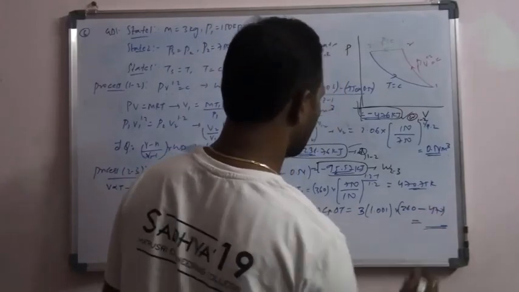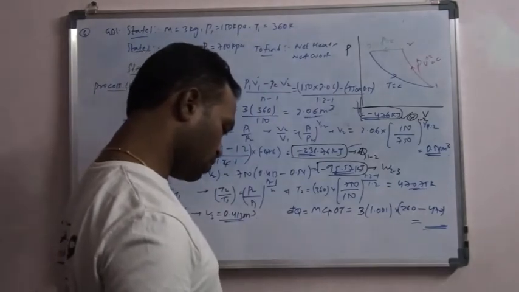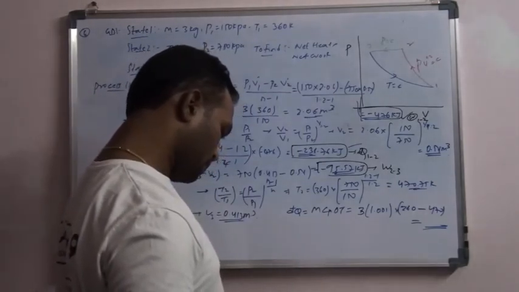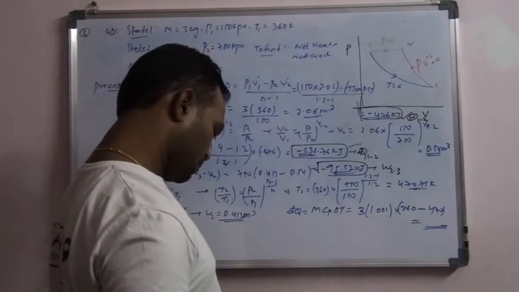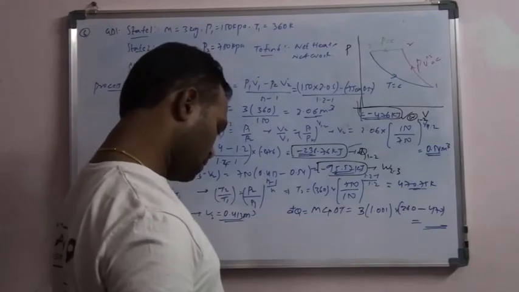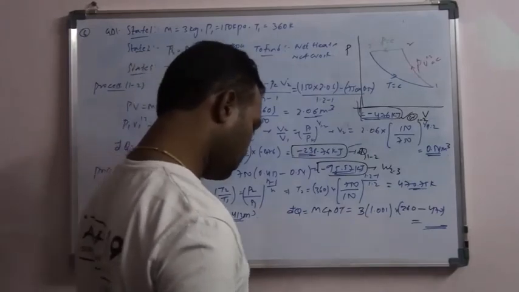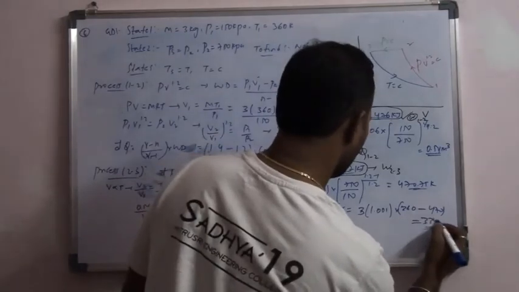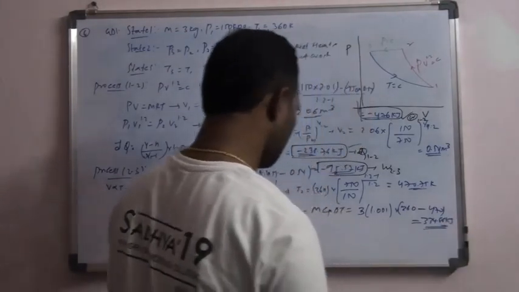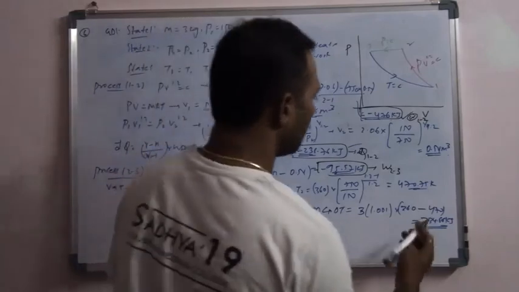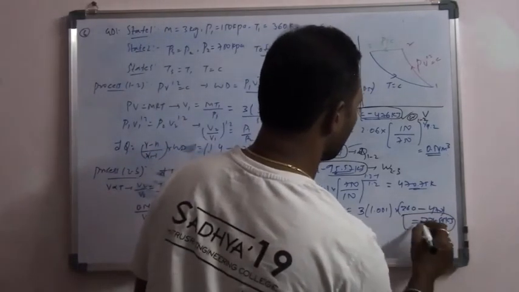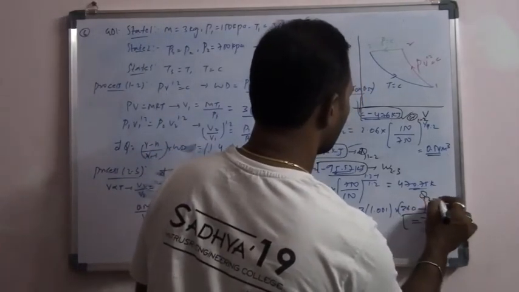From this, the value of d'Q is 334.66 kilojoules. This is Q for 2 to 3.